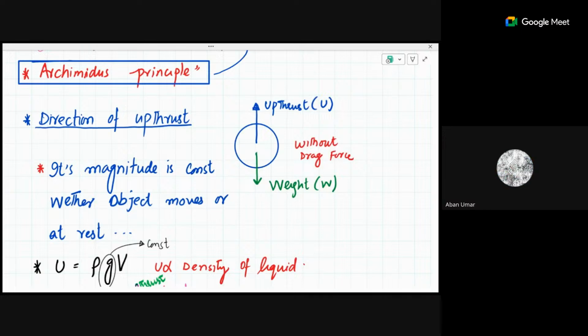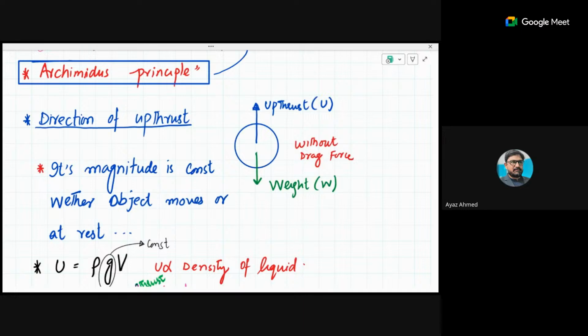Yes. Okay. So simply speaking, the magnitude of the upthrust is always constant. This is a really important sentence. The reason behind that is, when you consider upthrust equal to rho g times the volume of the object, tell me one thing: whether the object is submerged in the liquid, does its volume change when the object is inside?